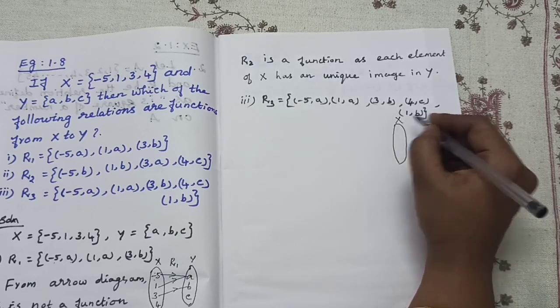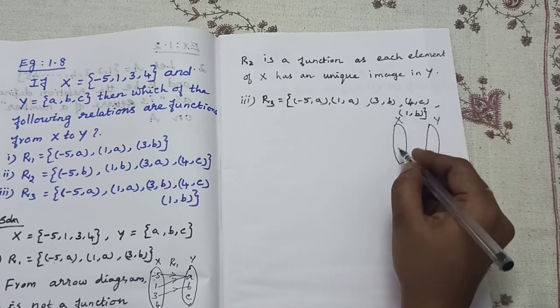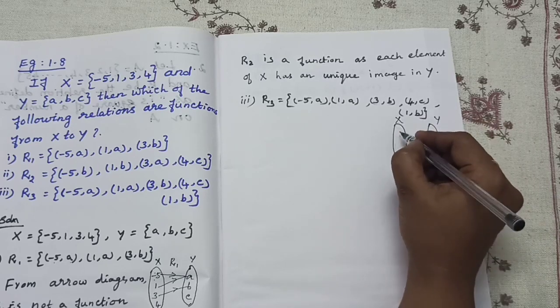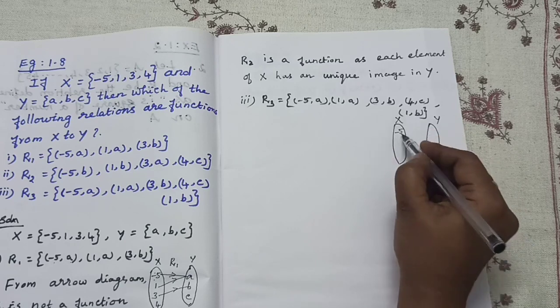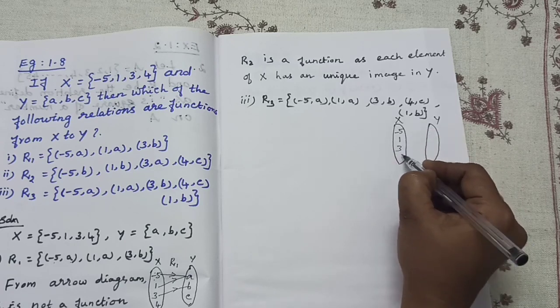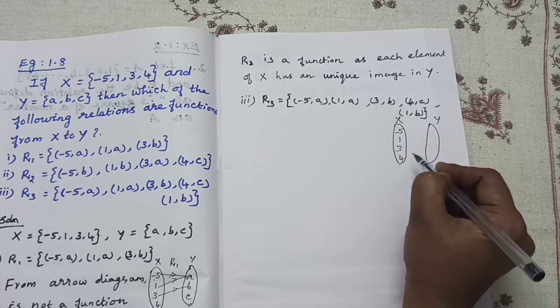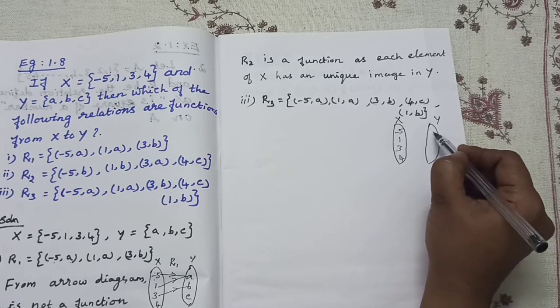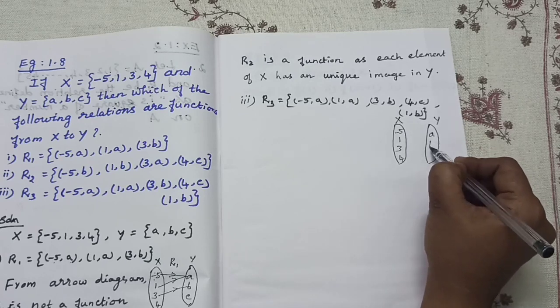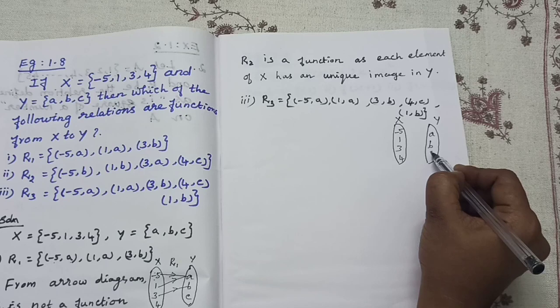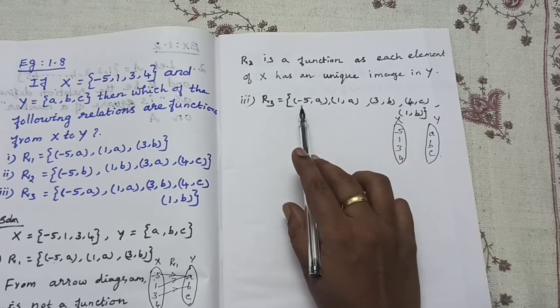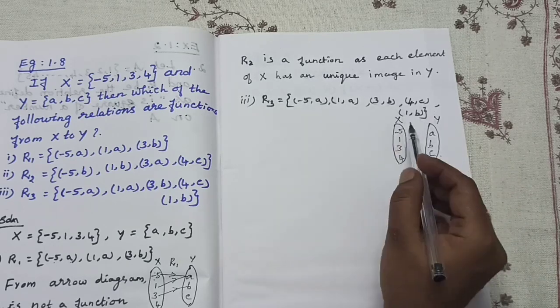See, set X is on the left, isn't it? X elements we have to write here: minus 5, 1, 3, 4. Then Y, what are the elements? A, B, C. And what are the relations given here?